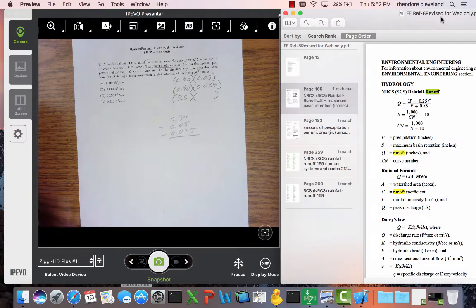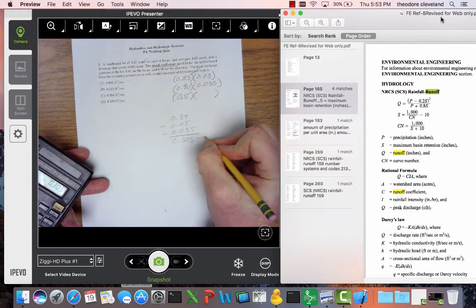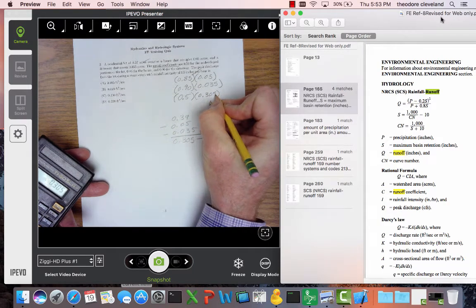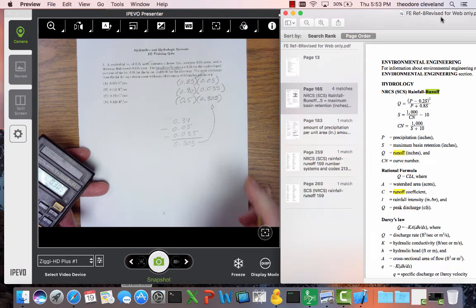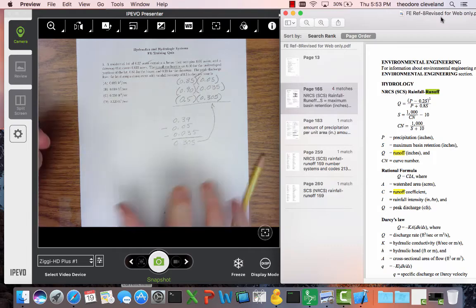0.37 minus 0.05 minus 0.035 equals 0.305. We'll place that into here. 0.305. And now we'll perform the multiplications and then add up the result.